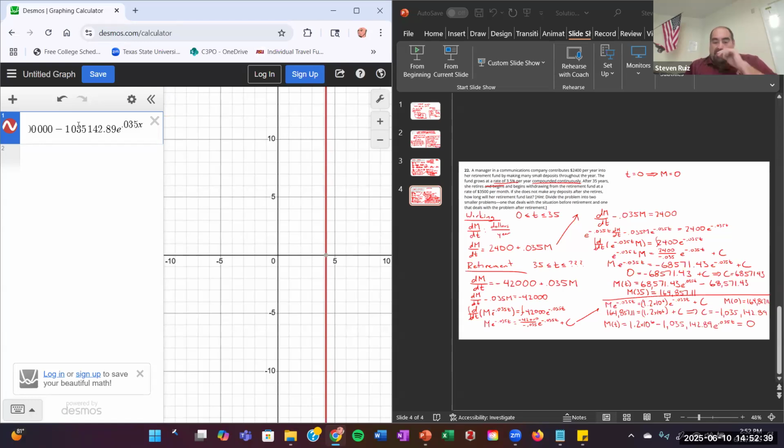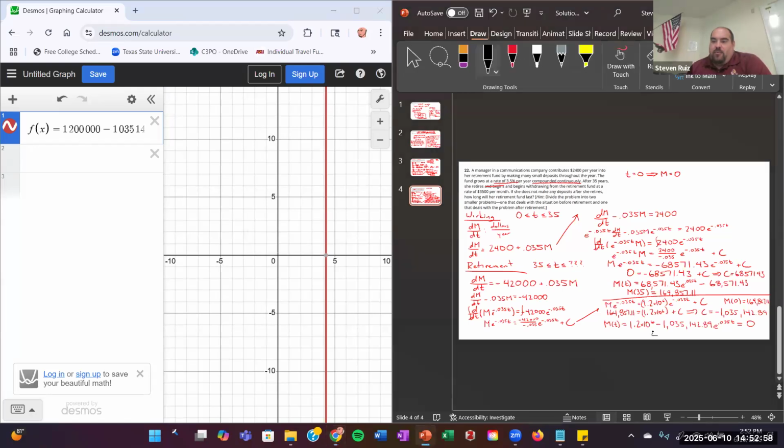Looks like I found a 0. So how long is it going to last? Not very long. If we did this correctly, it looks like it's going to last about 4.22 years. So that is going to be our final result here, 4.22 years. All right, and that is all for this section.